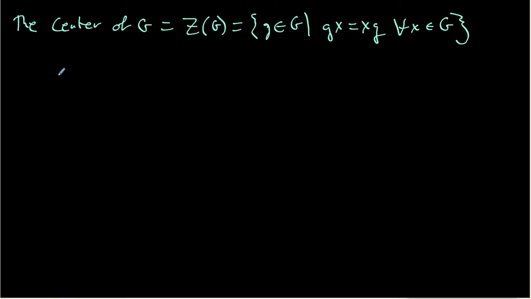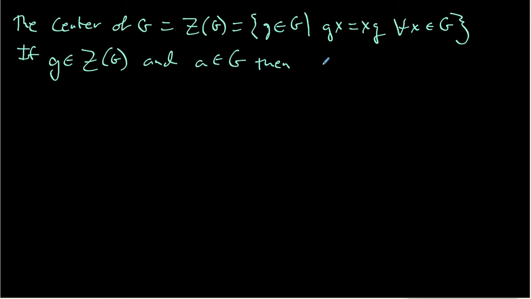So in other words, you get into the center by commuting with everybody. So if a particular element a belongs to the center of G, and we look at any other element g of G, then we automatically know that ga is going to be equal to ag. That's what being inside the center means.